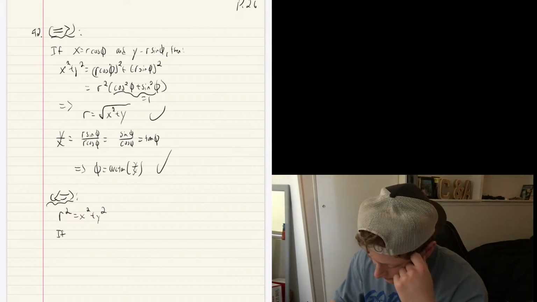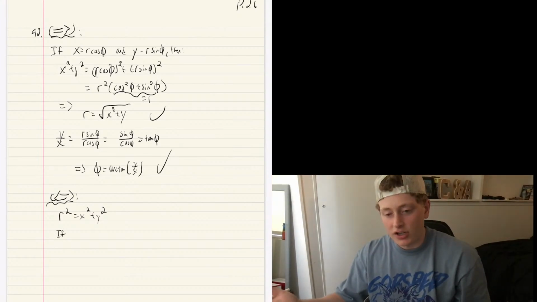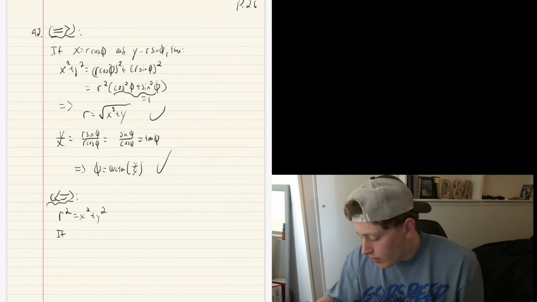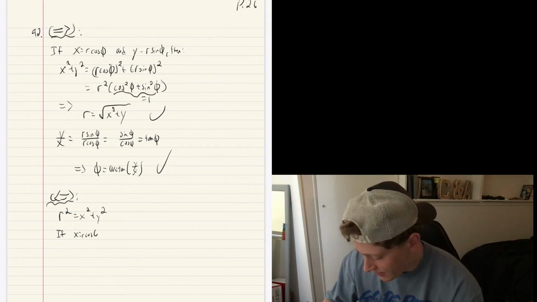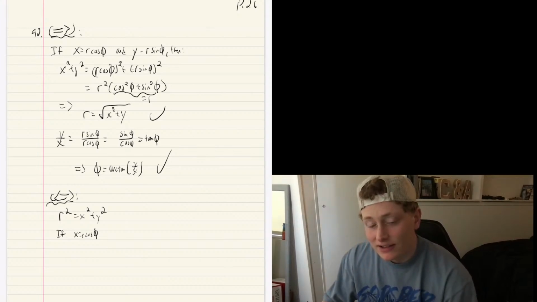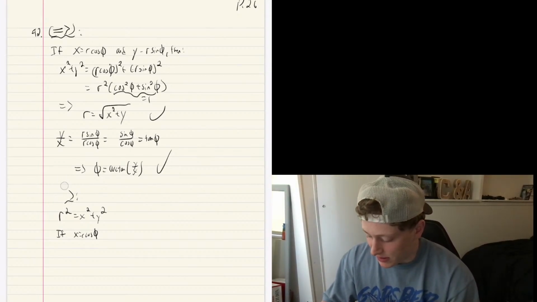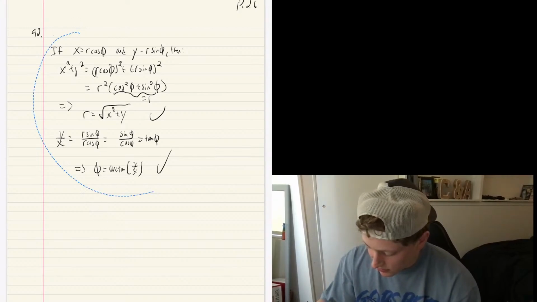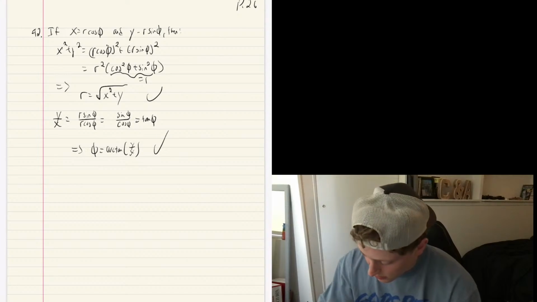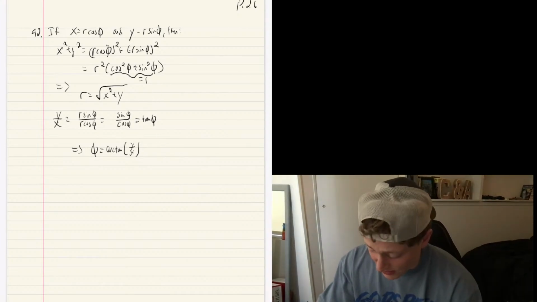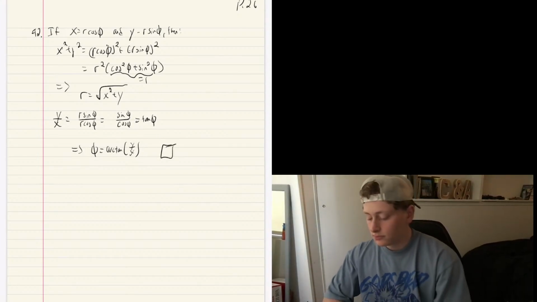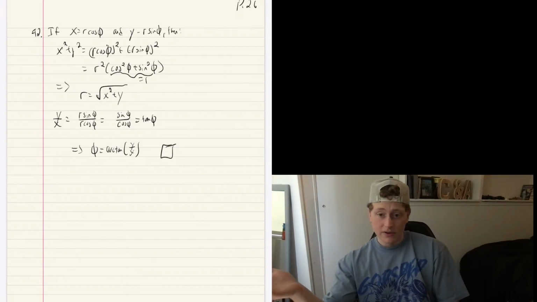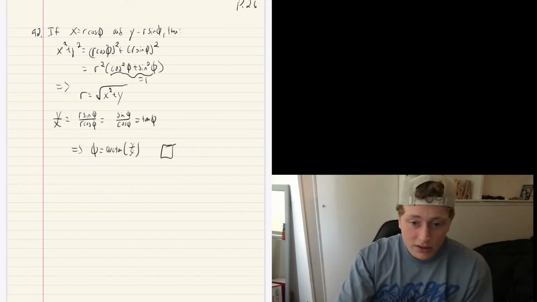That's just plugging and chugging. You just say, well, if x is equal to r cosine phi... No, I don't think we need to prove both ways. I think it shows from this way. I don't know why I thought we had to prove that both ways. I'm just an idiot. Because we could just reverse everything we just did, and it'll get you the same thing. So that's proved. We don't need to worry about that.